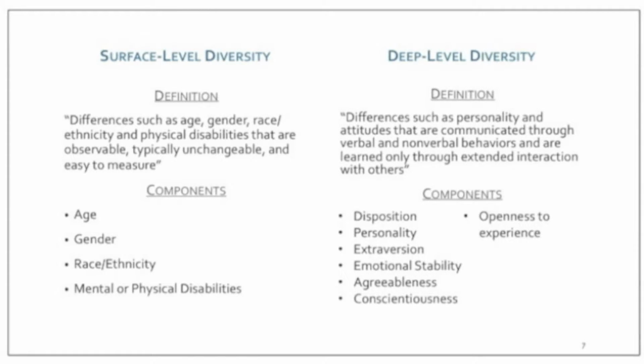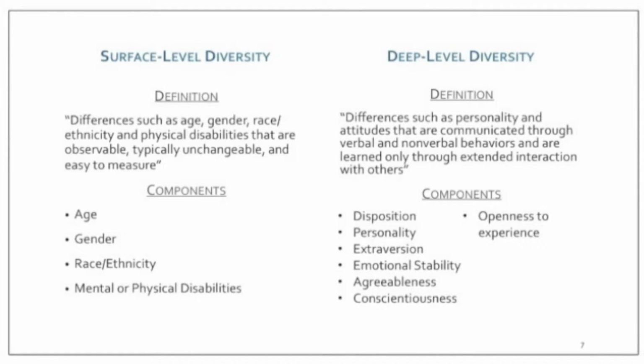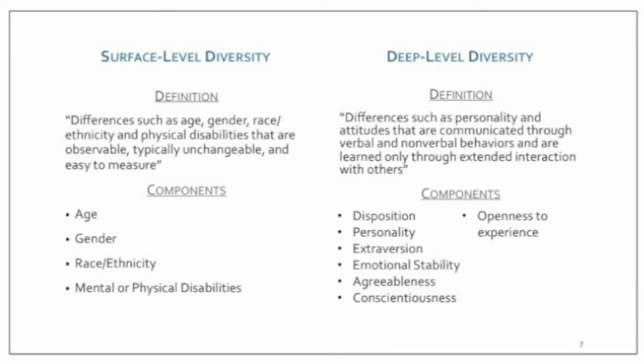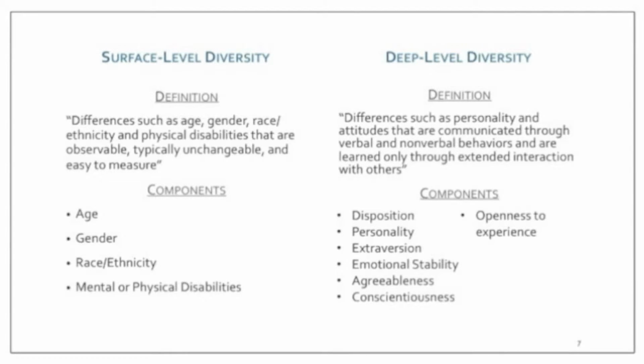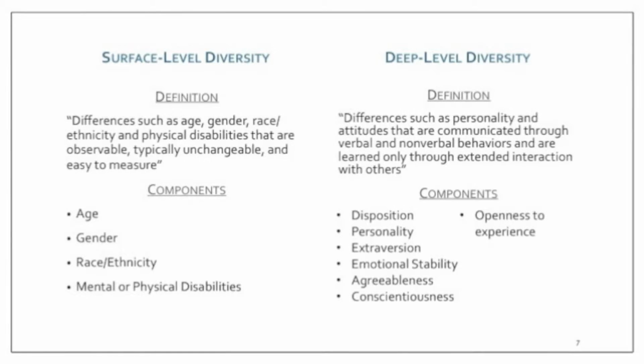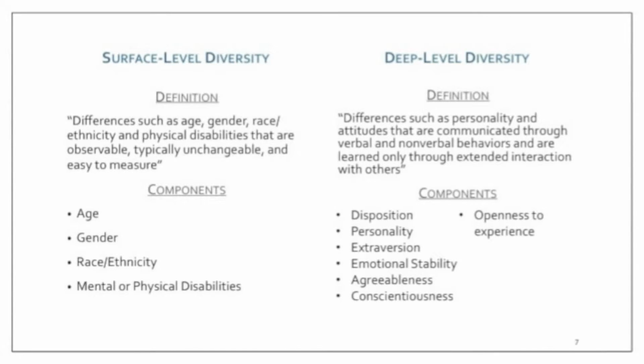While we talk about deep level diversity as the differences such as personality and attitudes that are communicated through verbal and nonverbal behaviors and are learned only through extended interaction with others. So it includes disposition, personality, extraversion, emotional stability, agreeableness, conscientiousness, and openness to experience. So here we can see that deep level diversity is more complex than surface level diversity.